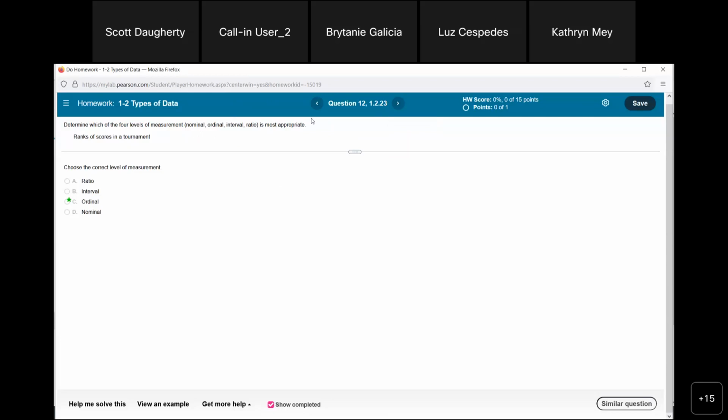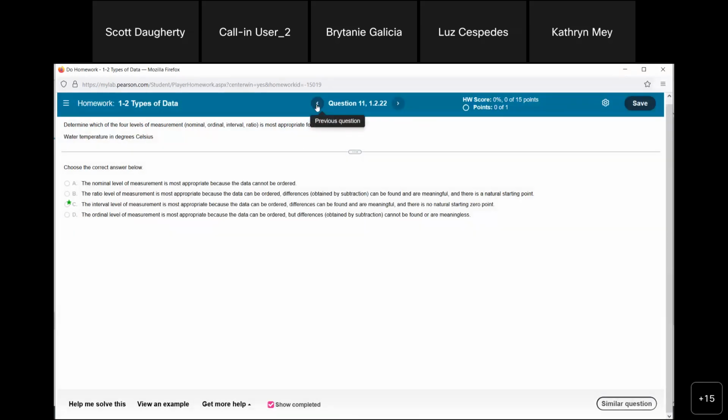The next one is interval. Okay, interval, you have categories that can be ordered, or have meaningful order. And then additionally, you can find the difference between 2 different categories.